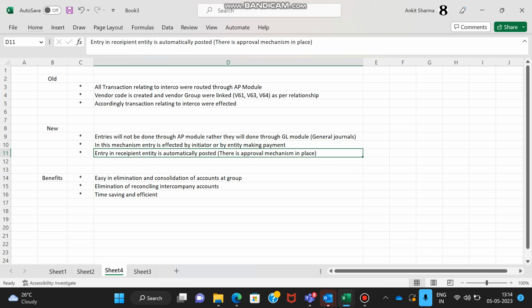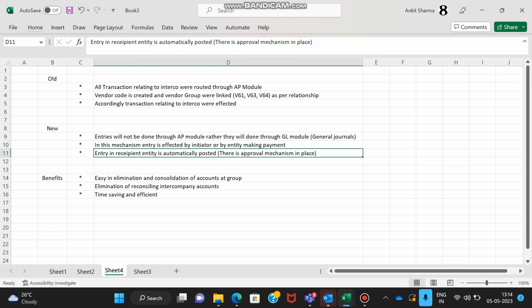Further, every month we are requested to do the reconciliation with the other entities, and the major point of reconciliation is that the transaction is accounted in one entity but it is not accounted in the other entity, and so on. The differences would occur, and the reconciliation process would take place. However, in this, if one entity makes an entry, the effect in the other entity is automatically done.